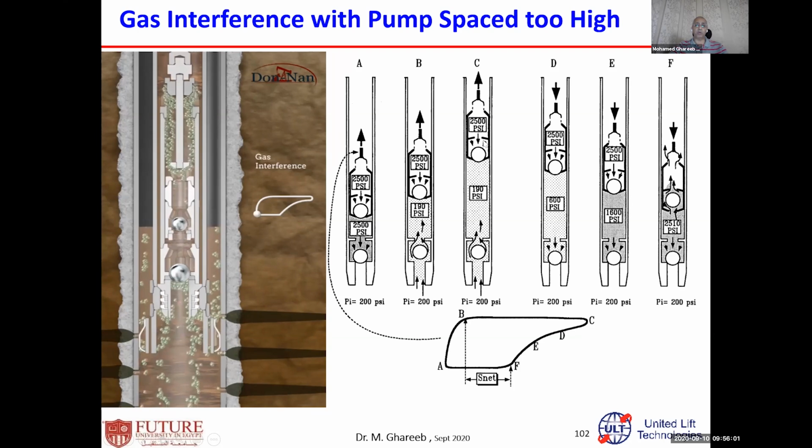Then the pump is going up and down with two valves closed, and the gas inside the pump expands and compresses with not enough pressure either to open the traveling valve or to open the standing valve. This is called a gas-locked pump. In this case, it is also a very bad condition. You will find no fluid at the surface.